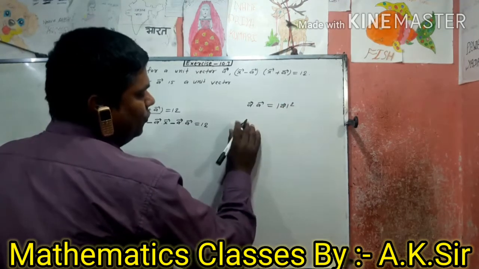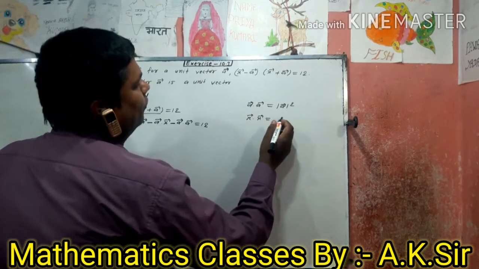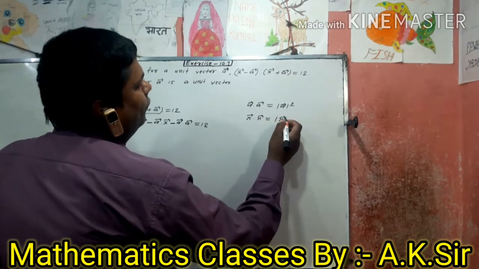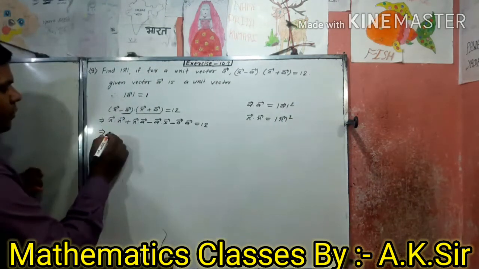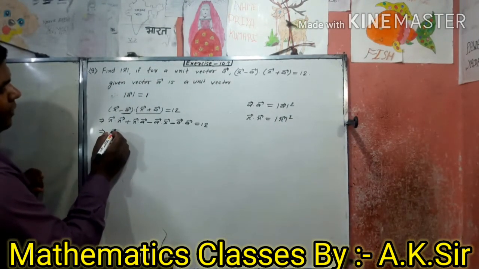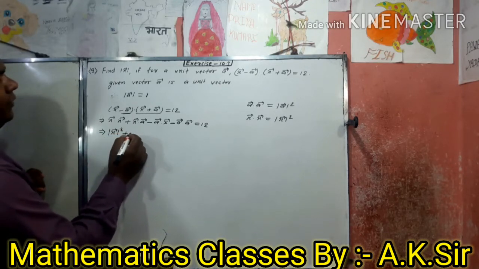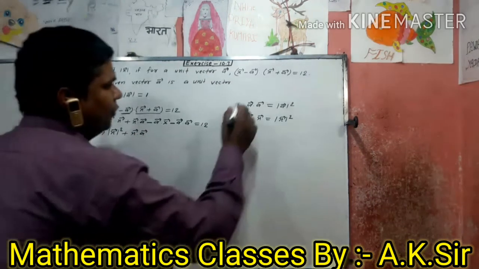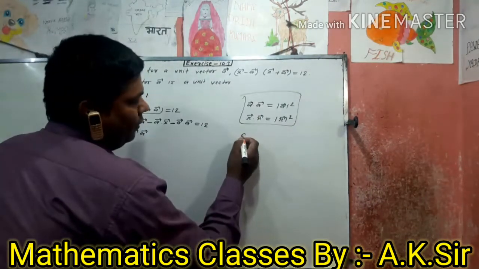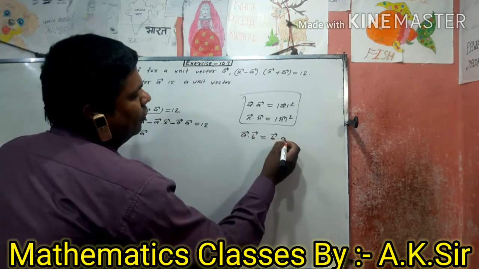Implied that we know that a vector dot a vector is equal to magnitude of a to the power 2. So we can write also x vector dot x vector is equal to magnitude of x vector to the power 2, plus x vector dot a vector. We know that also a vector dot b vector is equal to b vector dot a vector.